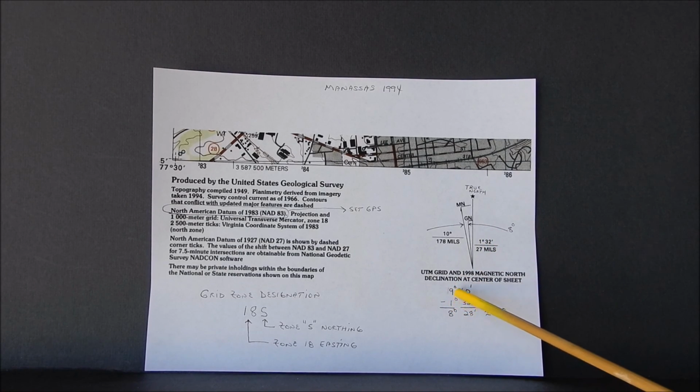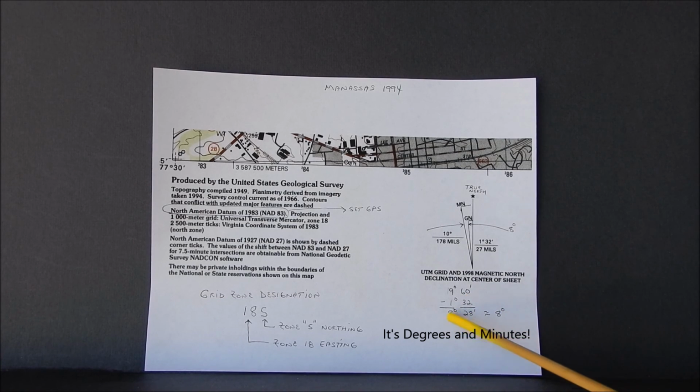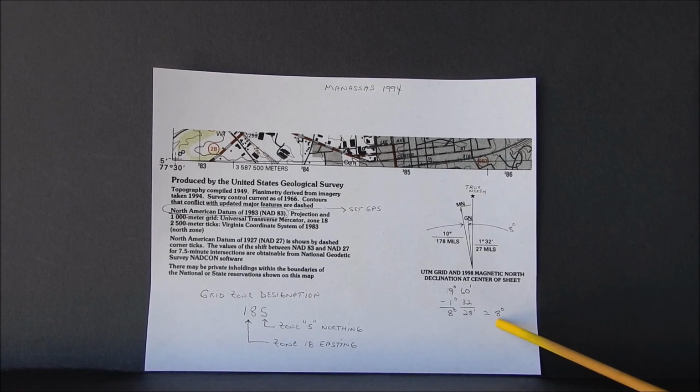So 10 degrees is 9 minutes and 60 seconds minus 1 degree 32 seconds gives you a declination of 8 degrees and 28 minutes. And for practical navigation, you can just round this. So this gets dropped and it's 8 degrees, western declination.